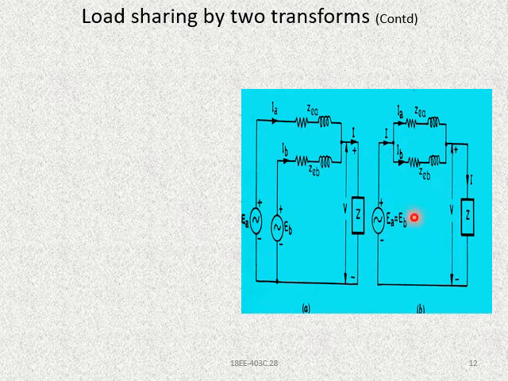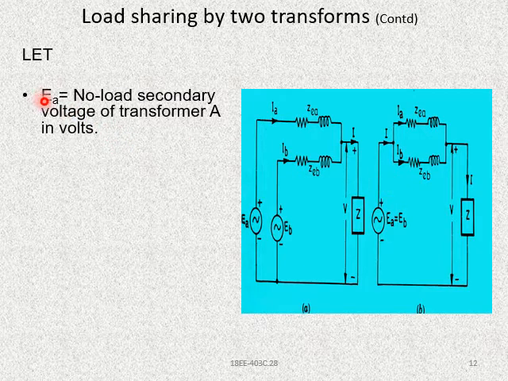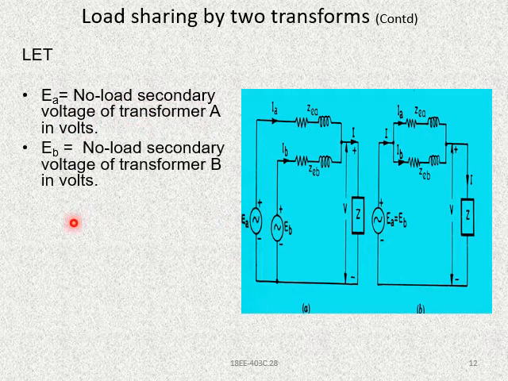Here you can see the same diagrams again. We'll see some derivation part. Let EA be equal to the no load secondary voltage of transformer A in volts. See here, EA is the no load secondary voltage of transformer A in volts.